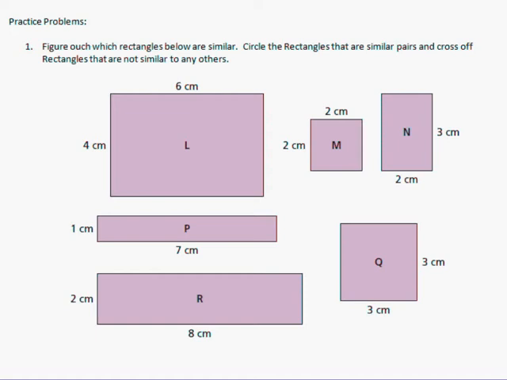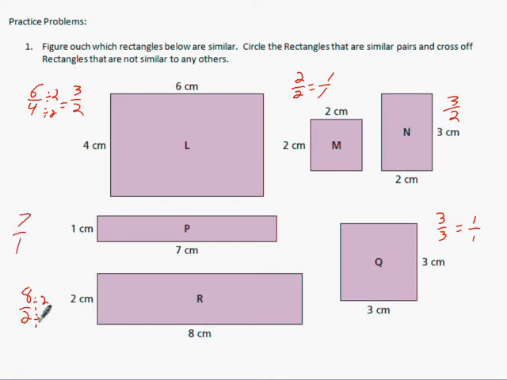So, remember for this one, long side over short side, I have 6 over 4 simplifies by dividing by 2 equals 3 over 2. 2 over 2 simplifies to 1 over 1. 3 over 2 is simplified. 3 over 3 simplifies to 1 over 1. 7 over 1 is simplified. 8 over 2 divided by 2 simplifies to 4 over 1.